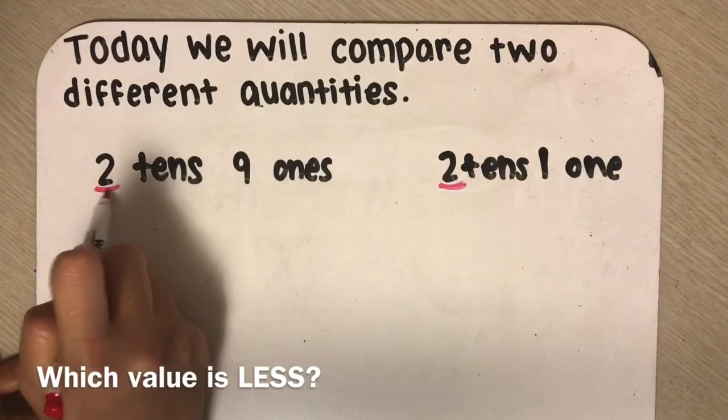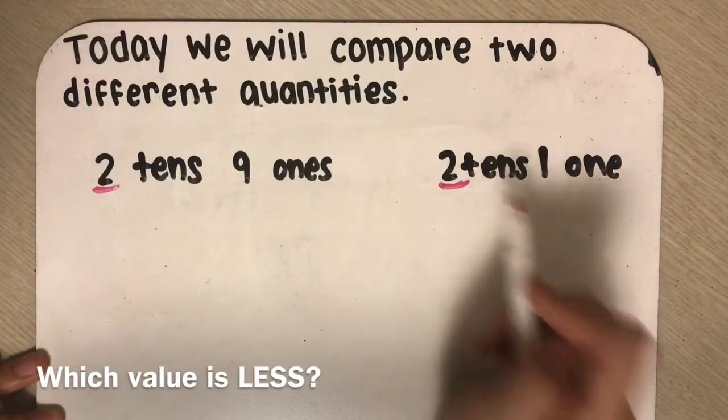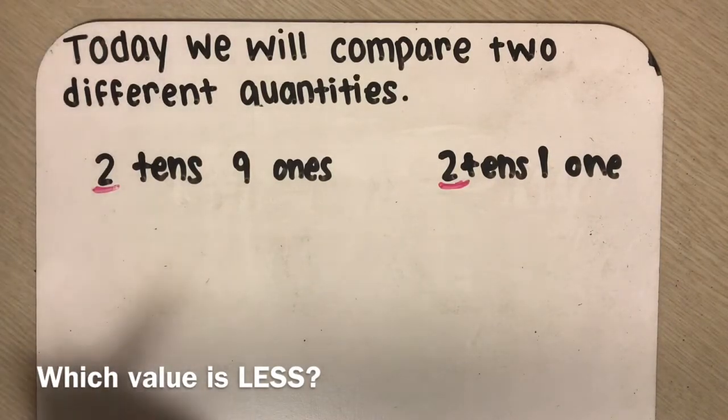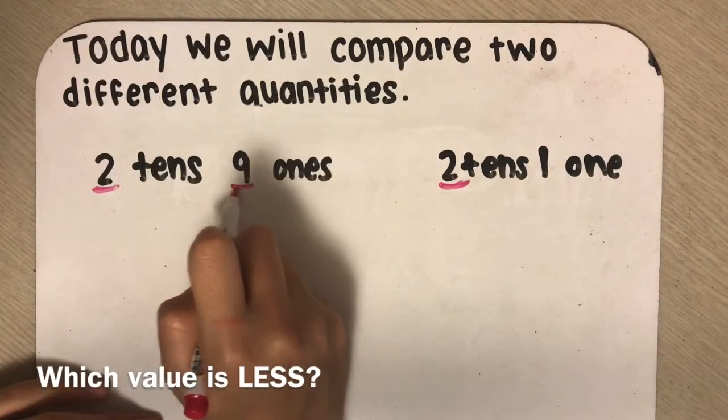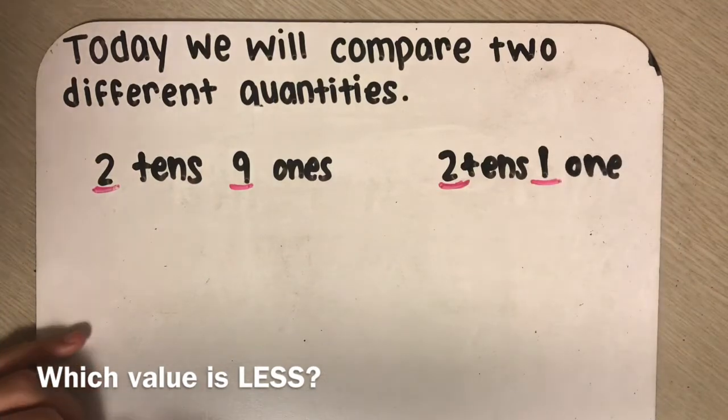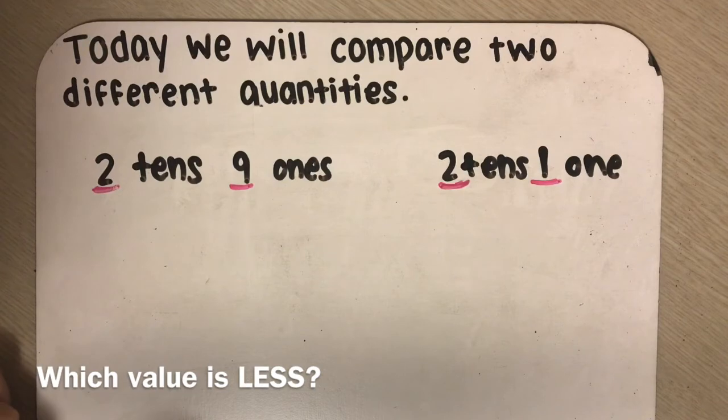We have 2 tens and 2 tens. Since the numbers in the tens place are the same, we can look at the numbers in the ones place. We have 9 ones and 1 one. I can see which number is less. Can you?